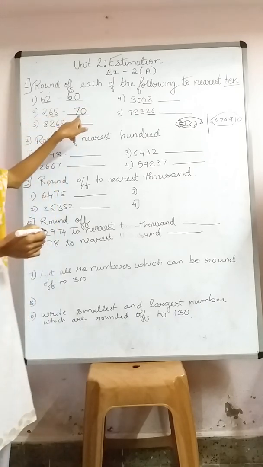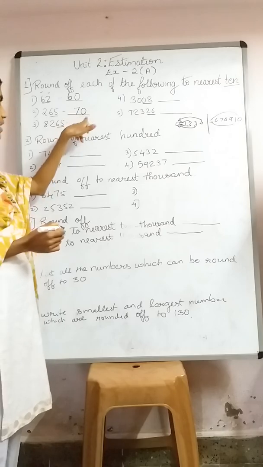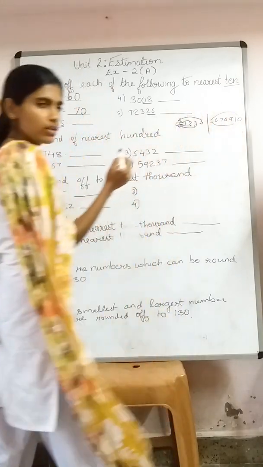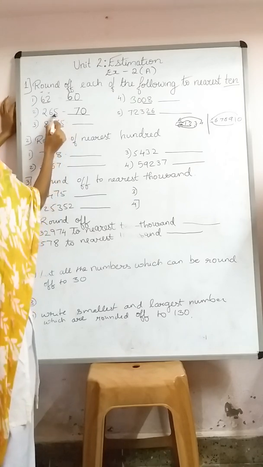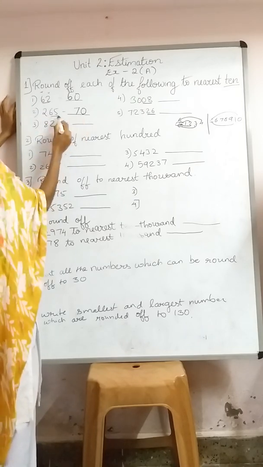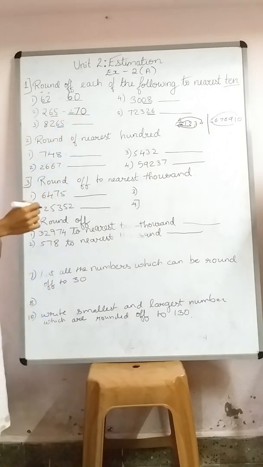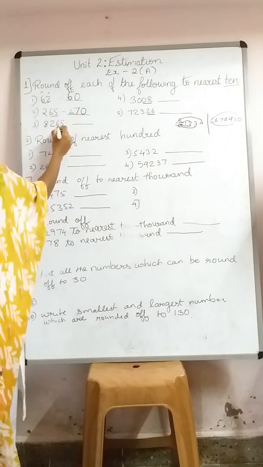So 65 is nearest to 70. You understand what I did? 5 is nearest to 10, so I added 1 to 6, that became 7, and kept 0 in the ones place. Our answer is 270.